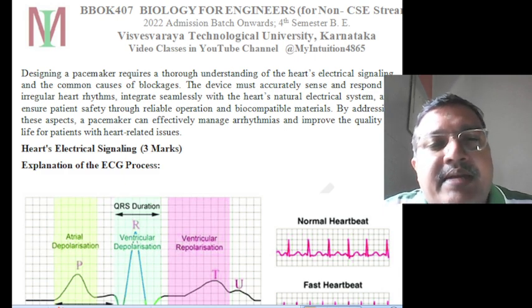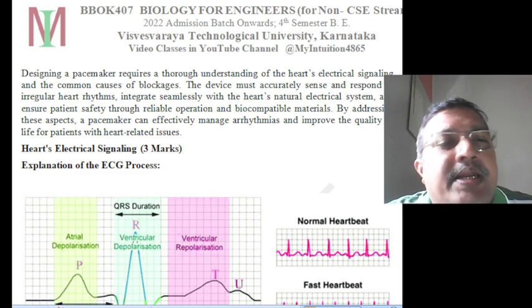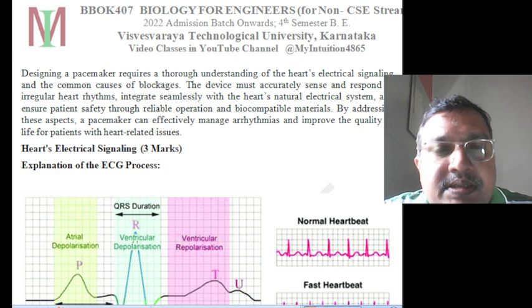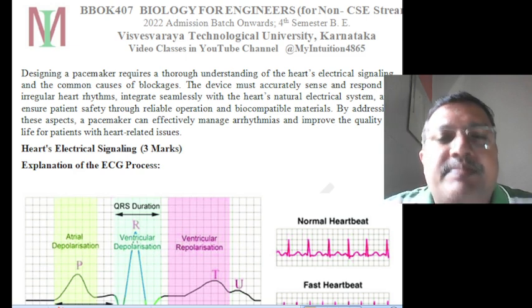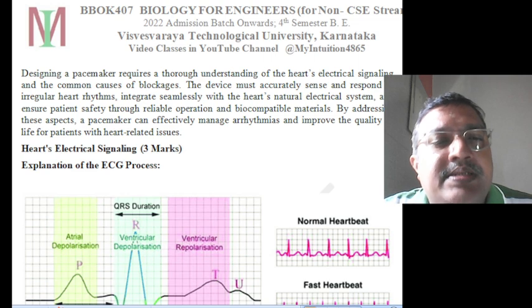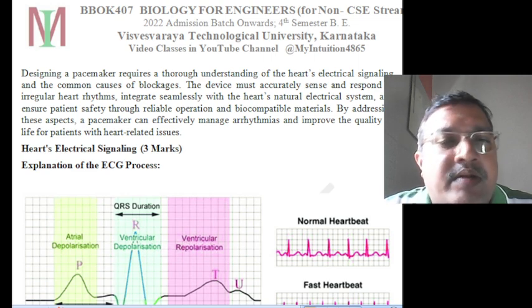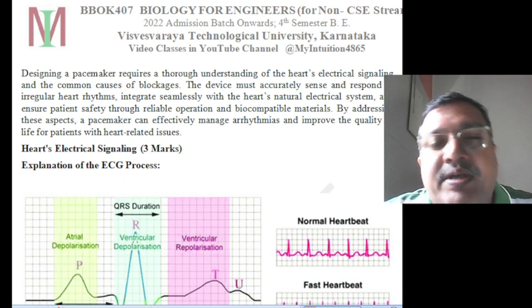It should integrate with the heart's natural electric system and ensure that the patient is very safe. The operation should be very reliable, and the materials should be biocompatible, not creating any issue in our biological system. So by addressing these aspects related to the heart, a pacemaker can be effectively made.